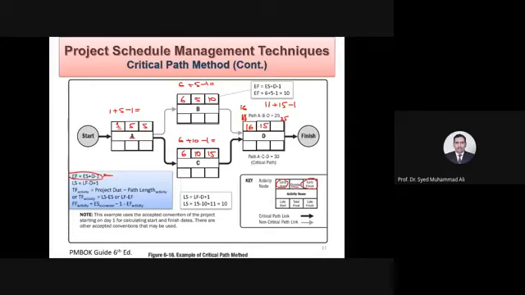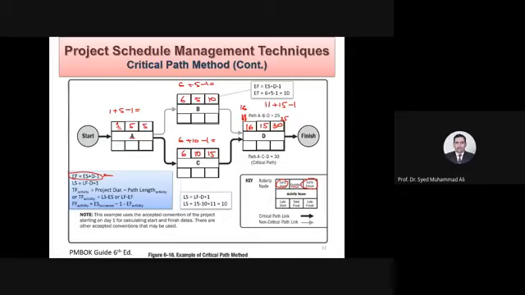Now 16 plus 15 minus 1 is how much? 30. Yes. 30. Now you see, start A, C, D is the longest path. A, B, D is the shorter path. It takes 25 days and this one takes 30 days.